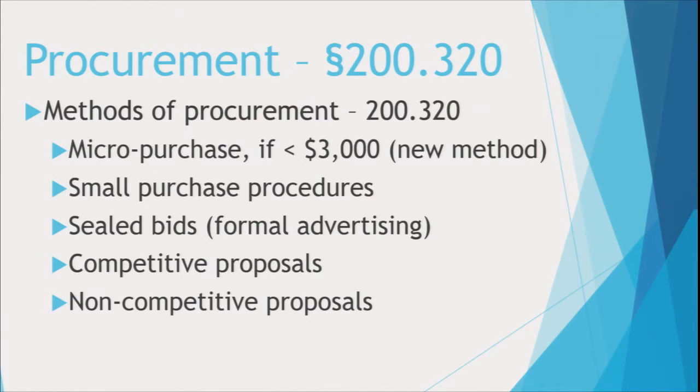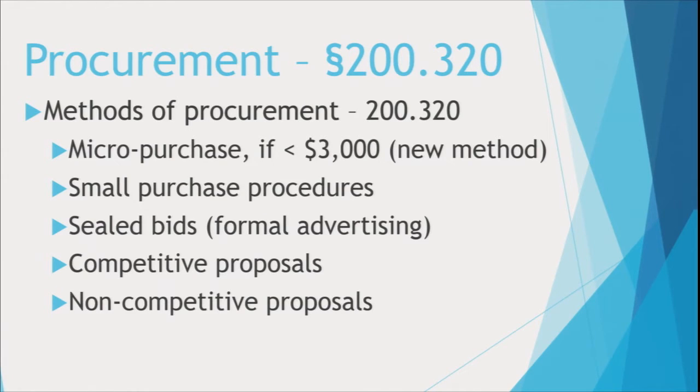The federal awarding agency or pass-through entity expressly authorizes this method in response to a written request from the entity, or after solicitation of a number of sources, competition is determined to be inadequate.